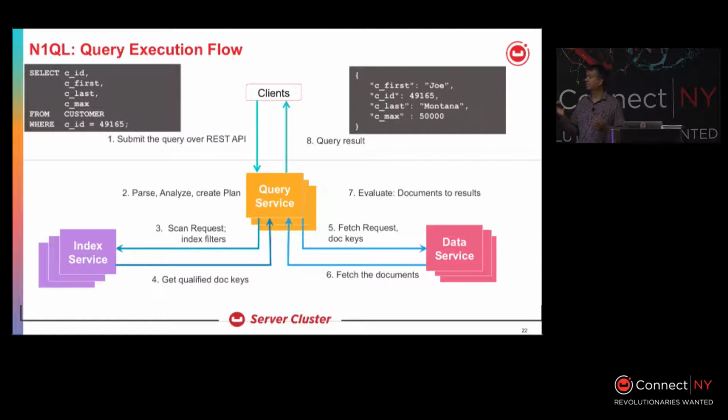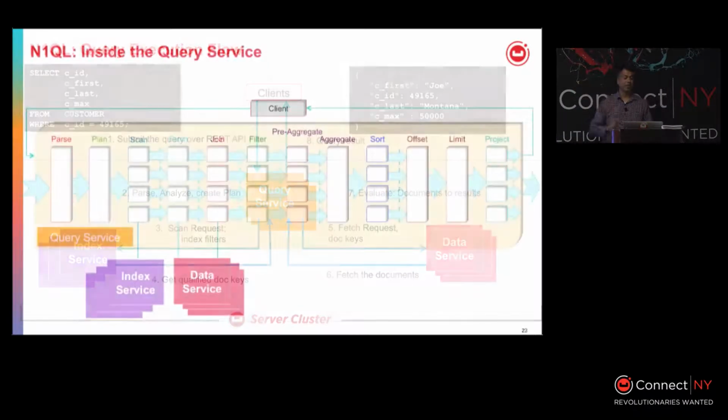The query service does the parsing and analysis and creates an execution plan, and then uses the index services to scan the index. If you have selected an index or two, we use the index service to do the scanning and filtering, and then if the query is not completely covered by the index, we go to the data service, get the rest of the documents, and execute them.